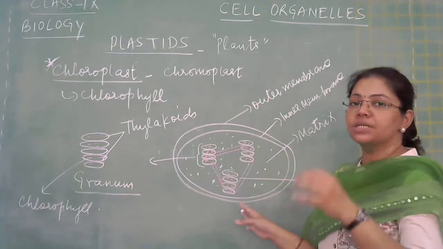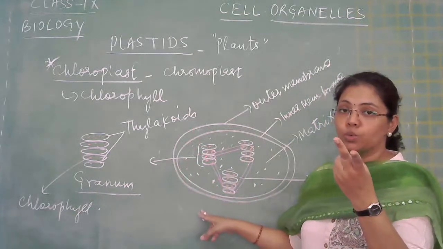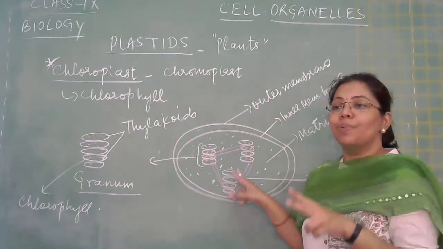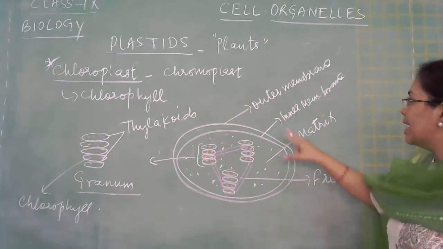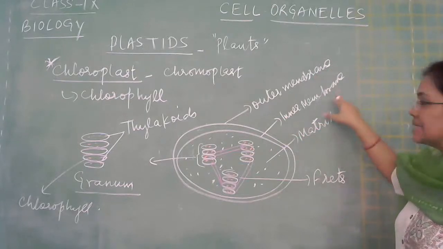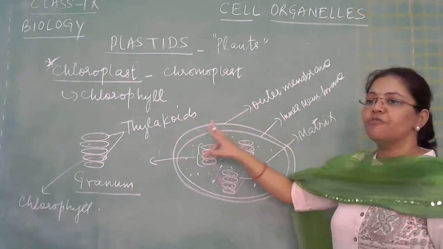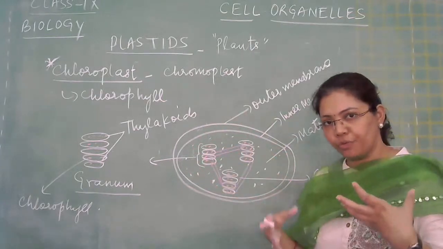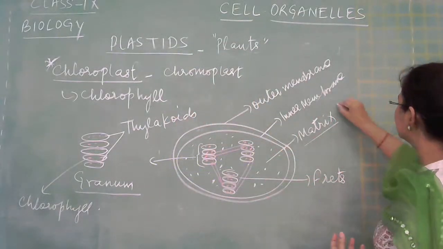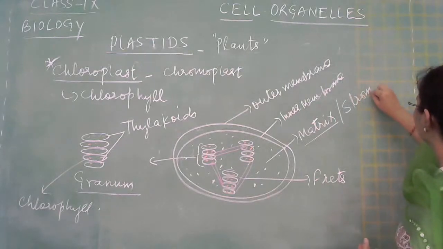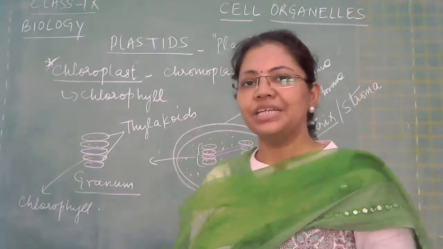Now, as you can see from the diagram, like any other plastid, these are also double membrane bound. Like mitochondria, plastids or chloroplasts also have double membranes, right? So that is the outer membrane and this one is the inner membrane. Now, the ground material of the plastid is made up of transparent jelly-like material, which is given the name of matrix, or sometimes it is also referred to as stroma, right?